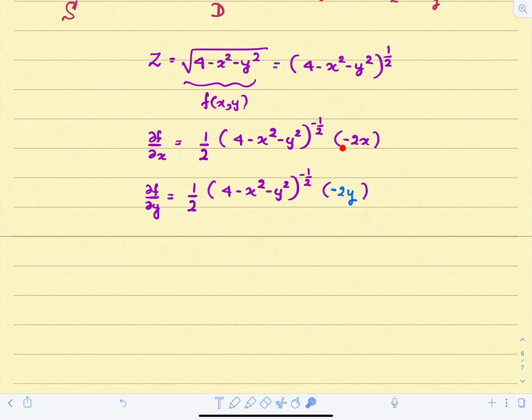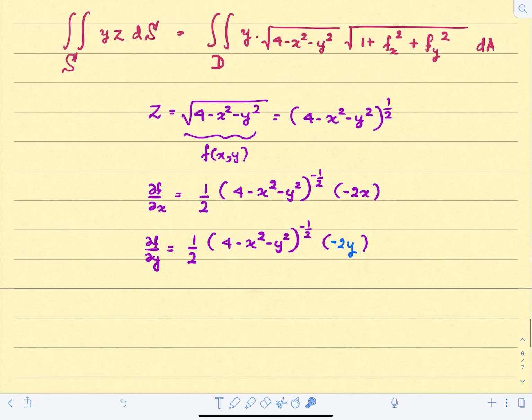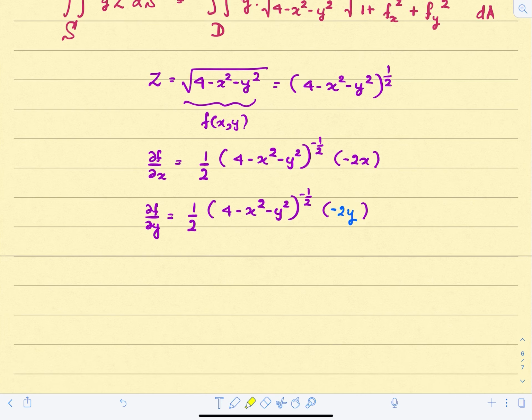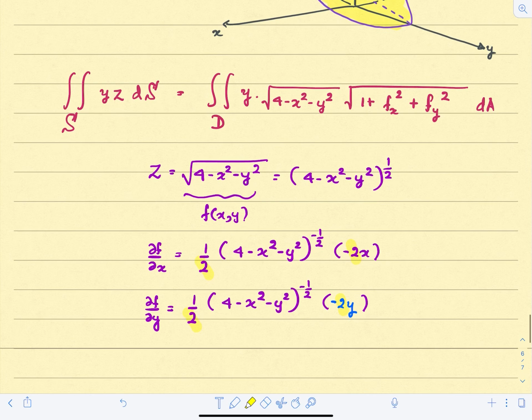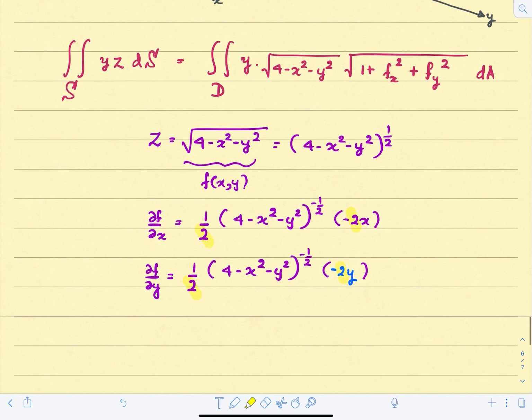And if you do that, you will get negative 2x. And we use the same recipe to get partial f of partial y. Then we will get this expression. I think we can cancel this 2 with this one. Okay, and those are the two partial derivatives. Okay, let's substitute these two partial derivatives into the equation.